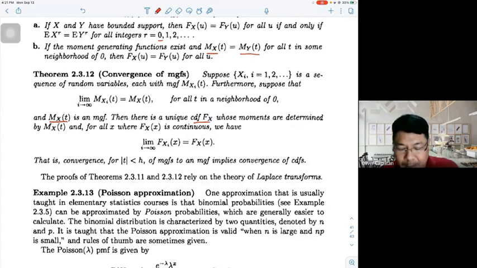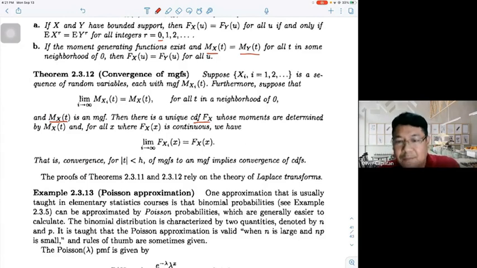So that is convergence for all absolute value of t less than h. This is because of some neighborhood of 0, having h to be positive, however small, your t should be between negative h and positive h. So the convergence of MGFs to an MGF, that is our assumption, would imply convergence of CDFs.